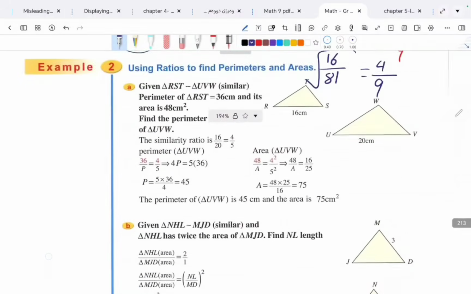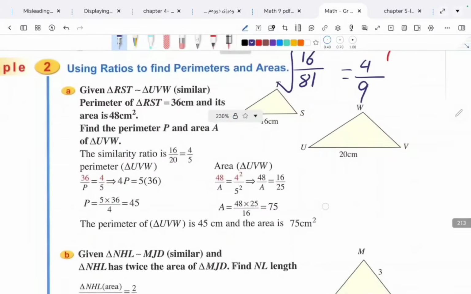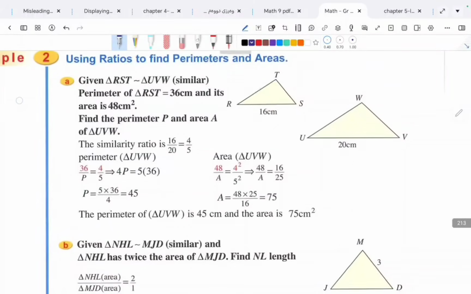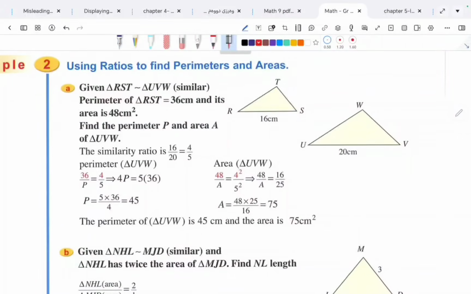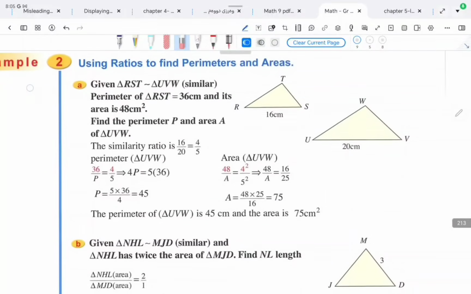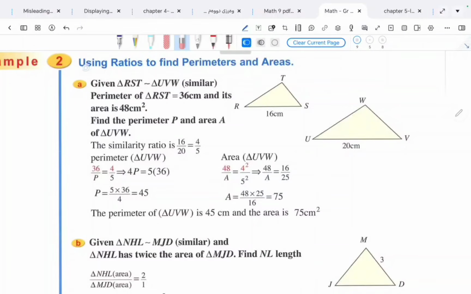The other case in this topic is when they give us 2 triangles, and the perimeter and area of the first one or the second one are given. They ask for the perimeter and area for the second triangle. For example, in this question, you have to use the ratio to find perimeter and area.